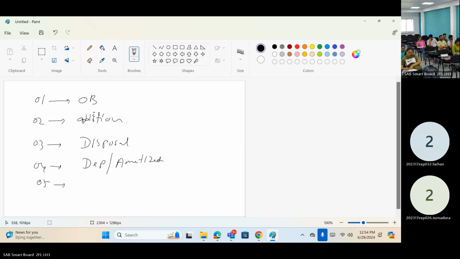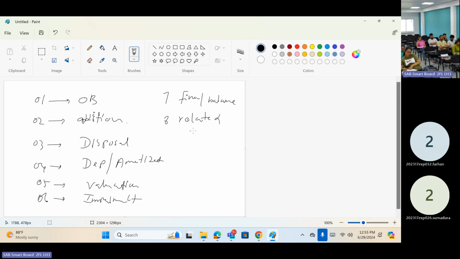Fifth, valuation. Sixth, impairment. Seventh, final balance. Eighth, related disclosures. Those things should be checked as audited.